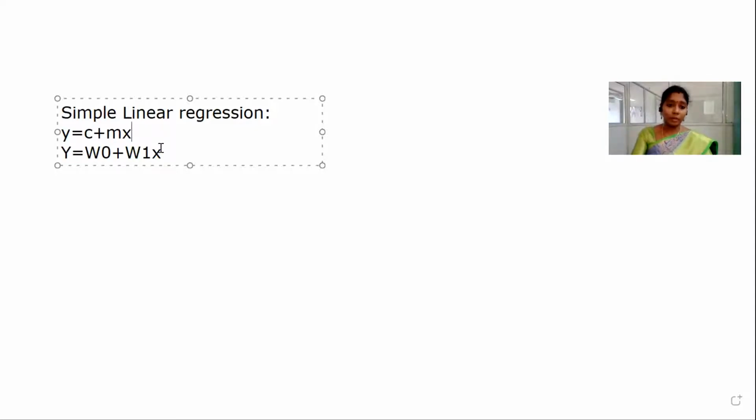So what is meant by multiple linear regression? The second method under linear regression is multiple linear regression.